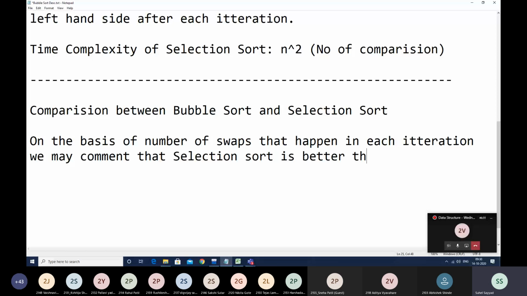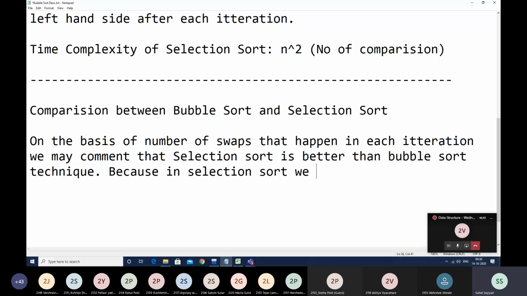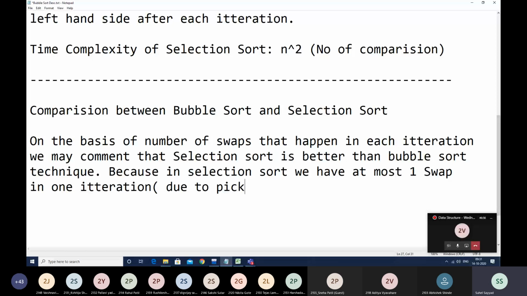because in selection sort we have at most one swap in one iteration. Why is it so? Because due to the pick nature in the solution, we are picking here, we are not pulling, right?